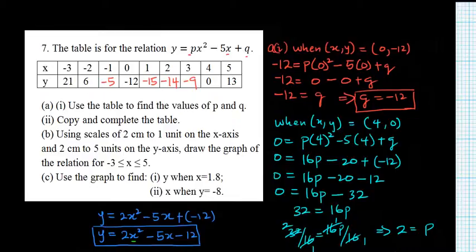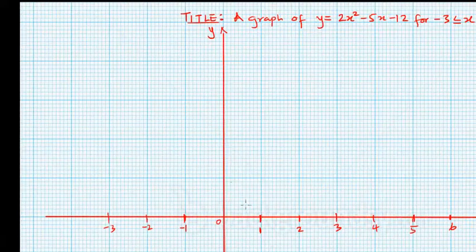So these 10 small boxes represent 2 centimeters for 5 units: 5, 10, 15, 20, and the highest positive is 21.